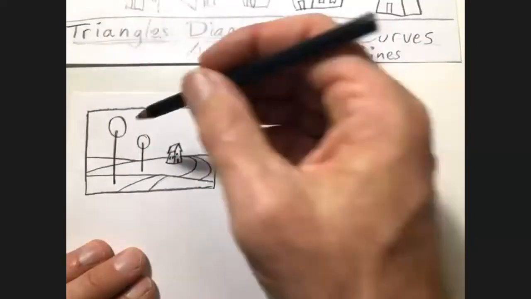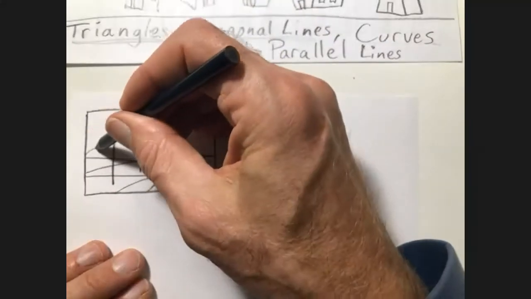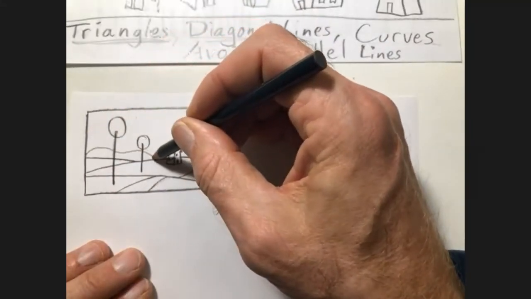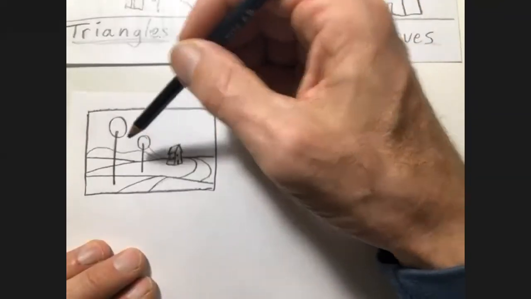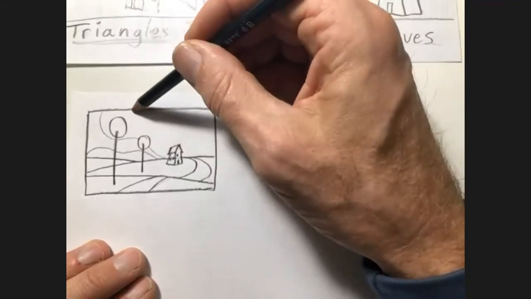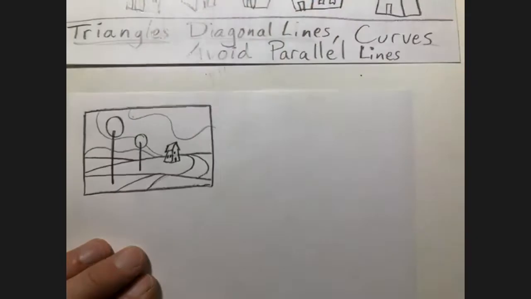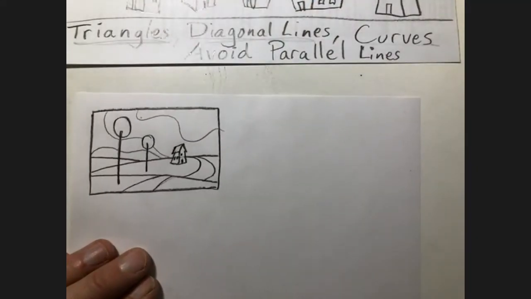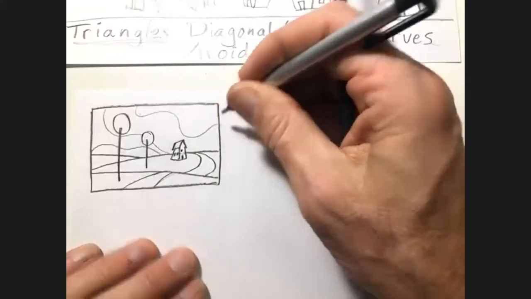So, for instance, if I'm going to put some lines representing clouds, they should be a bit closer together here on the ground than they do higher up, okay?